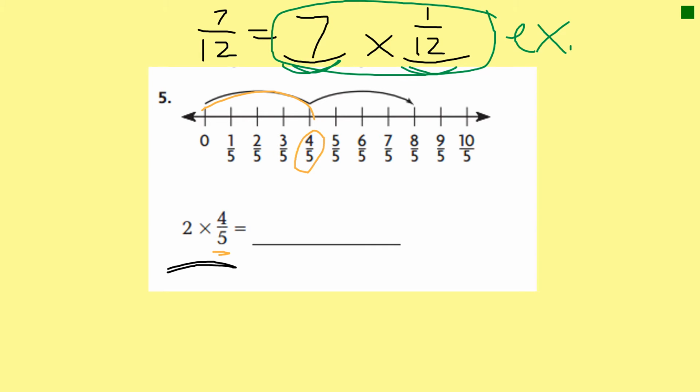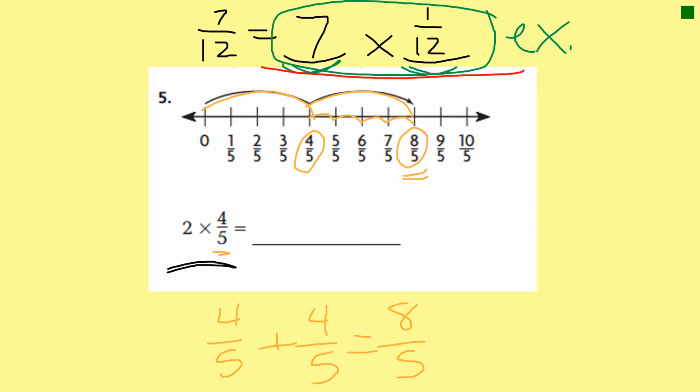One set of 4/5, and then 1, 2, 3, 4/5, two sets of 4/5. So two sets of 4/5 is 8/5. Well, that makes sense to me, because if I did repeated addition, two sets of 4/5 is 8/5. But they want me to write 8/5 as the product of a whole number and a unit fraction. All right, so I'm going to keep my 8/5 down here.